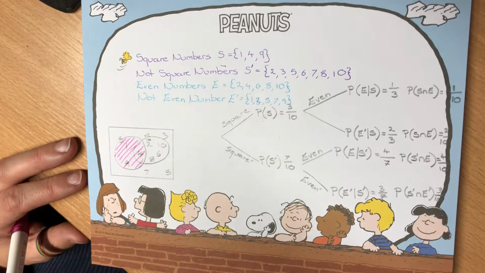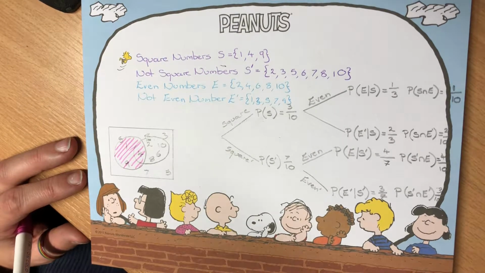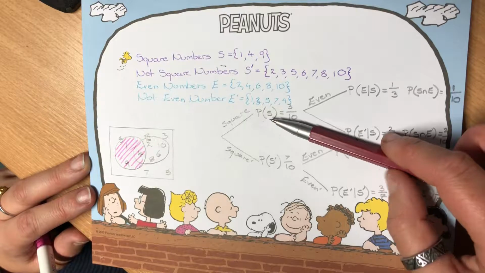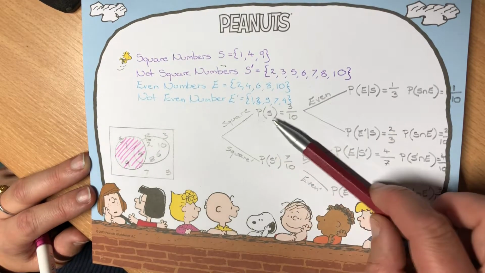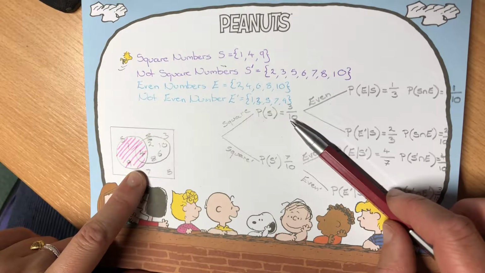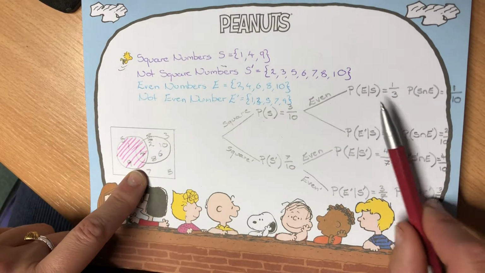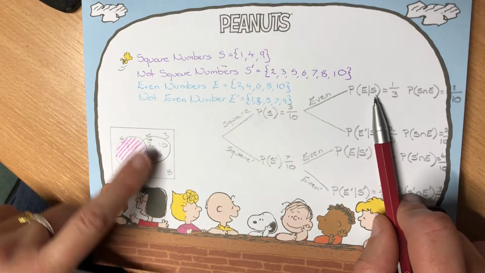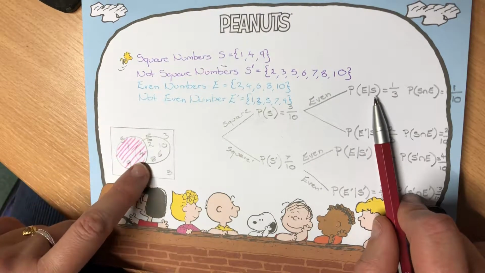So, bits that you need for Venn diagrams. You need to be able to write the probability of something happening. So in this case, the probability that it's square is the pink bit, so 3 out of 10. You need to know the probability that it is even given that it's square, so looking at the ones in the pink bit that are even.